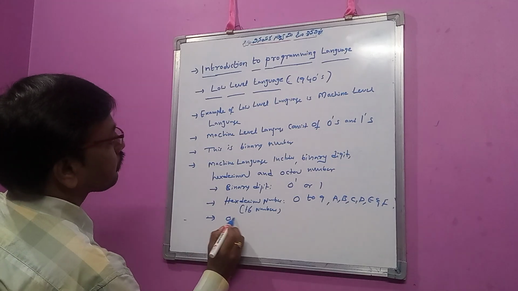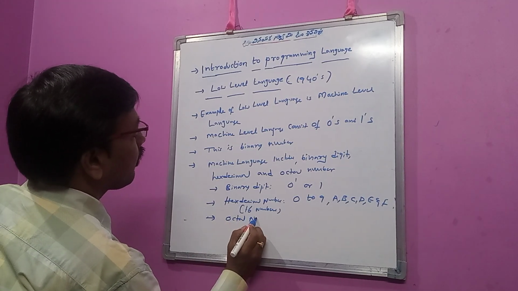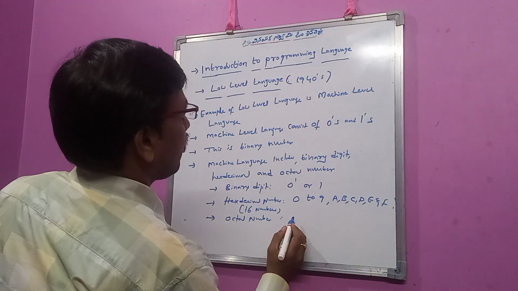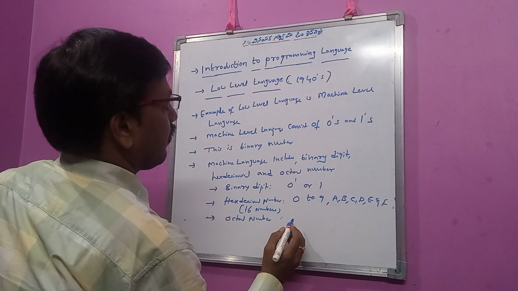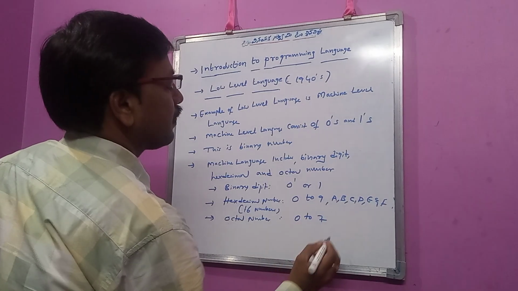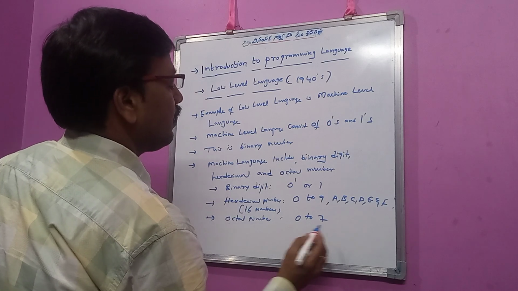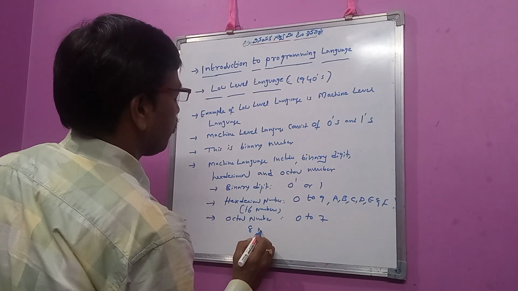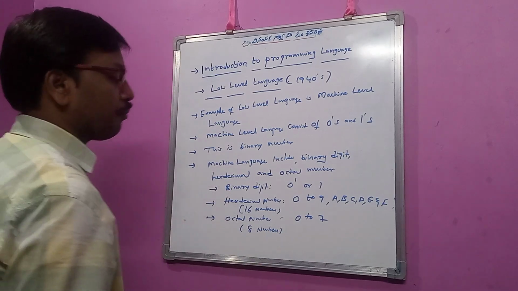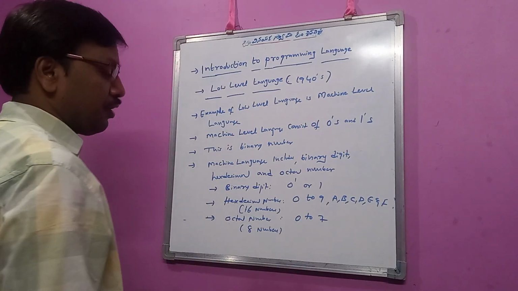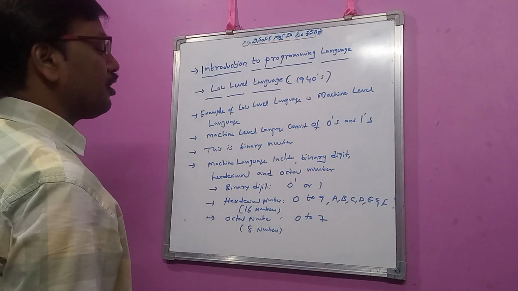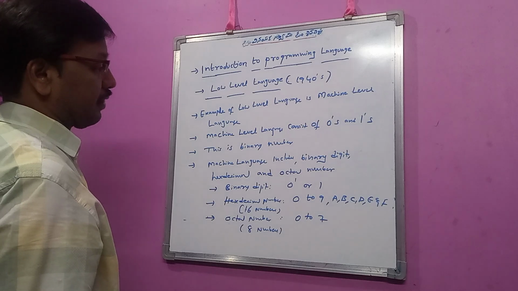Octal number is 0 to 7. That means totally we have 8 numbers: 0, 1, 2, 3, 4, 5, 6, 7.